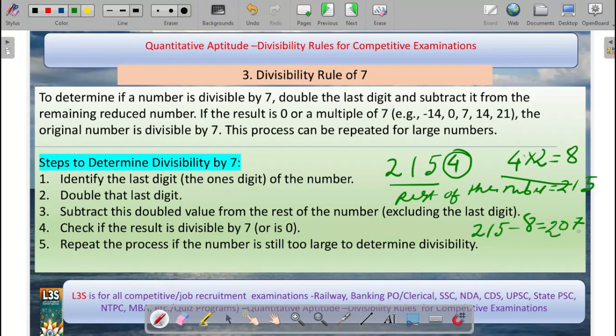If the result is divisible by 7 or is 0, then the whole number will be divisible. Now 207 by 7, is it divisible?